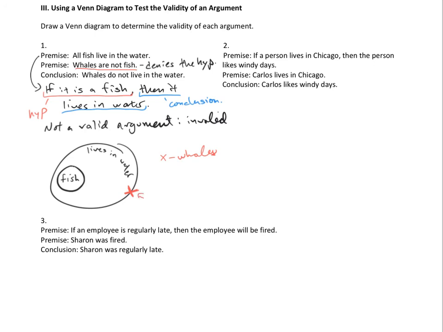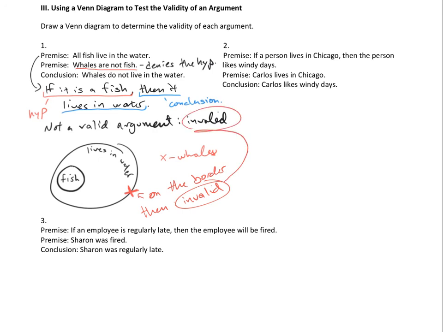But since this x is on the bubble, on the, we'll say the border, then the argument is invalid, which is exactly what we were able to figure out up here with this one.